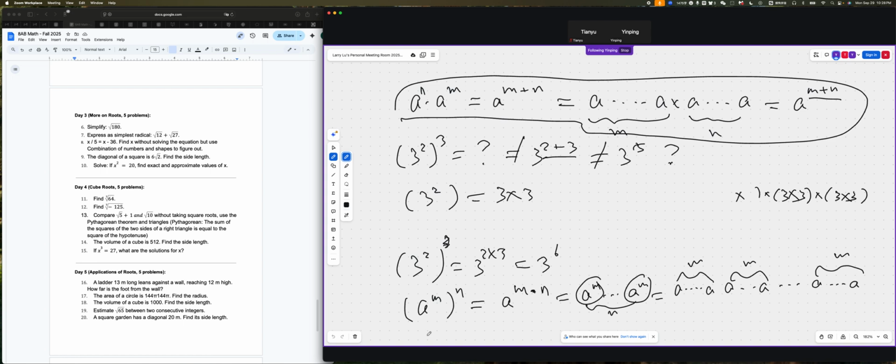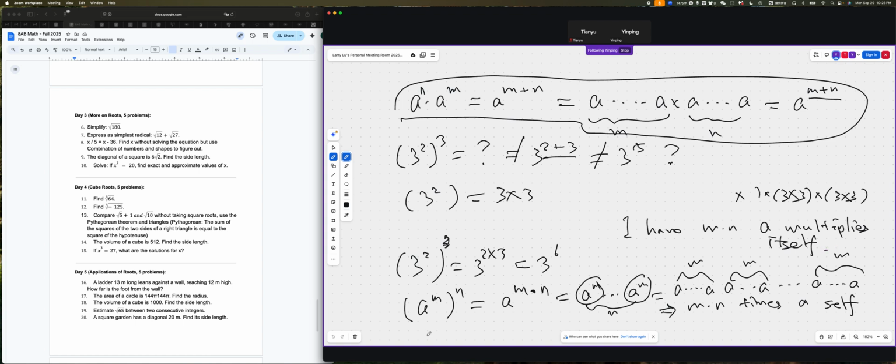Each of them is m, so in total I have m times n a's multiplied by itself. So this is the power.